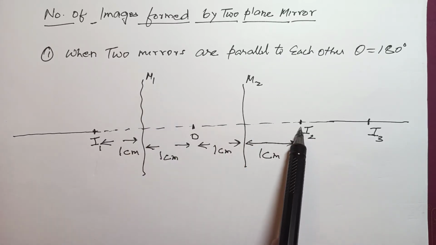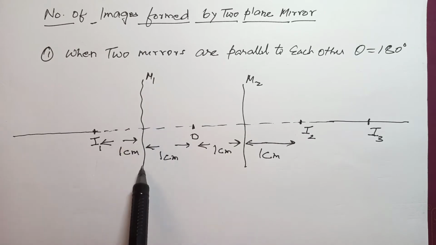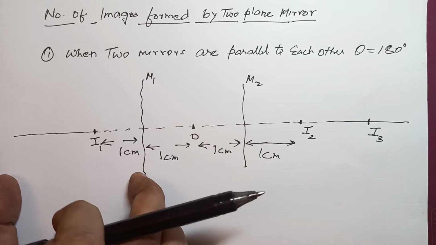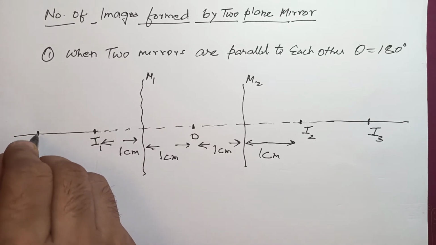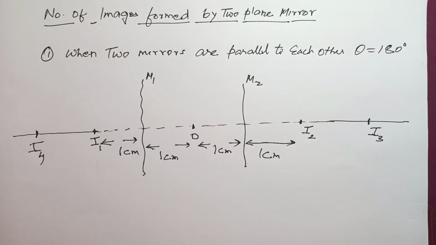Now this image I2 will act as an object for M1. So this is 3, then this will also be 3. It will be somewhere here.